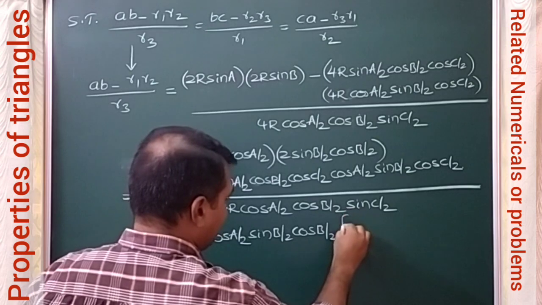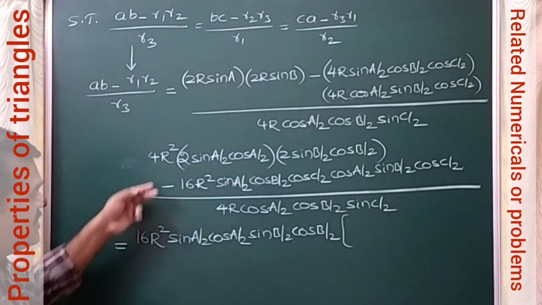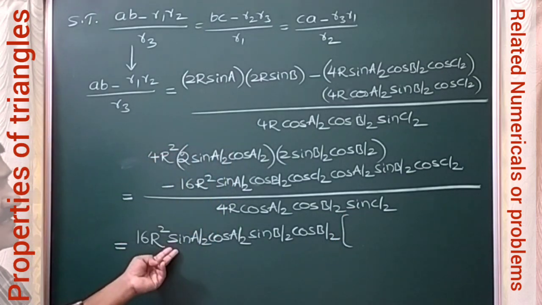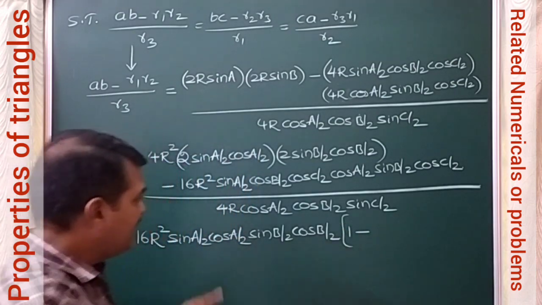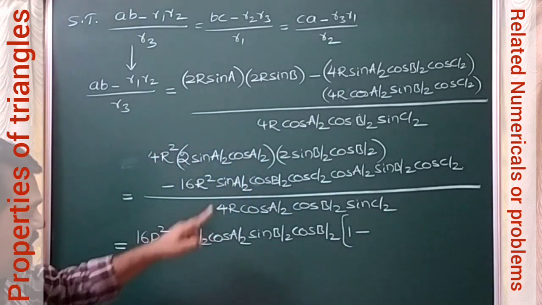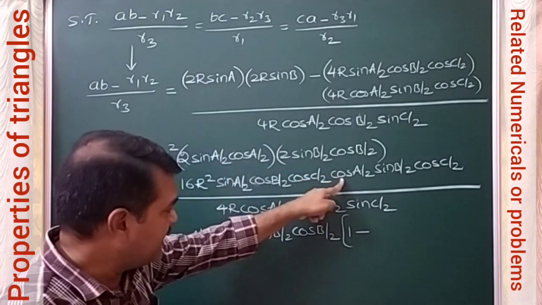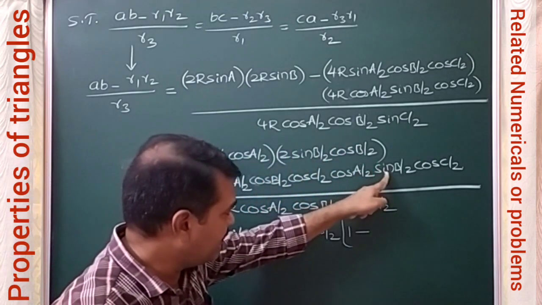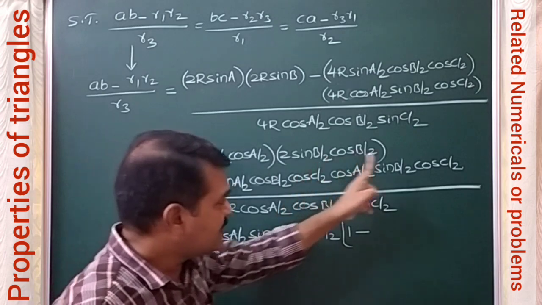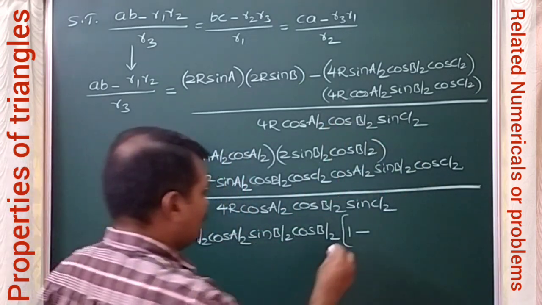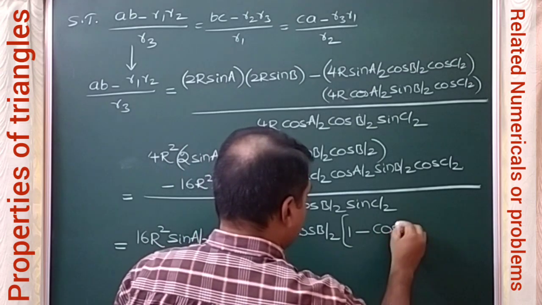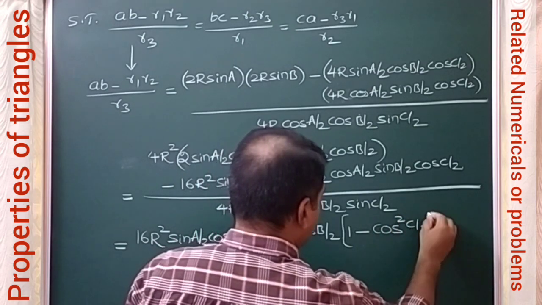What is left now? In this first part, everything we have taken as common, nothing is left, 1 minus. In second term, what is left? Sin A by 2, cos A by 2, cos B by 2, sin B by 2 common, so cos square C by 2 is left.